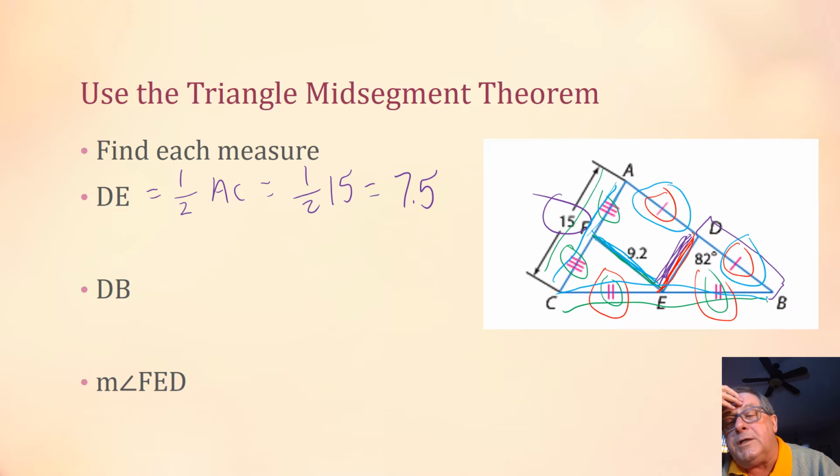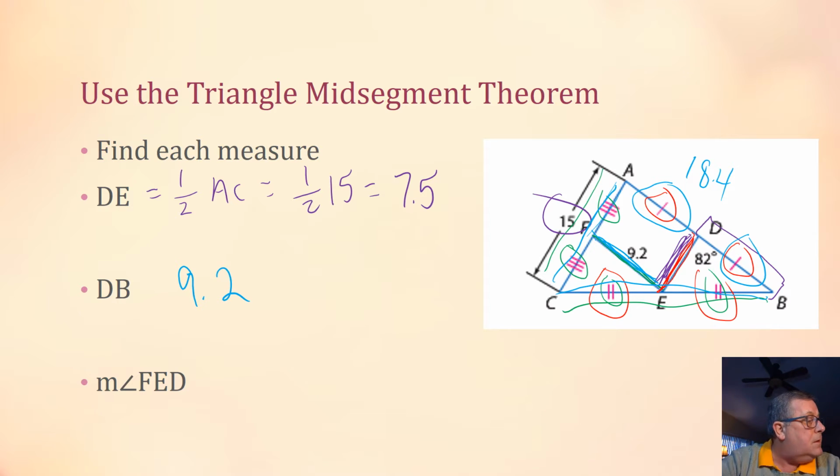So if 9.2 is half as long as AB, then AB must be equal to 18.4. And AD and DB are congruent, which means that they're going to be half the length of AB, 18.4. So DB must then equal 9.2. All right, hope you followed that.